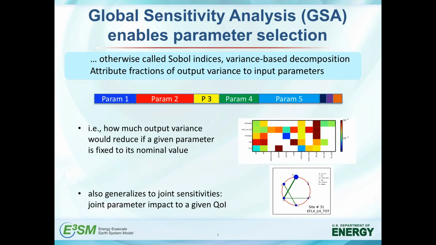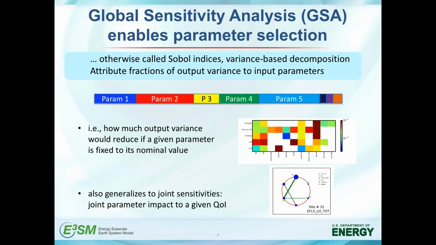So what can we do with this ensemble? One of the first things that we like to do in uncertainty quantification is conduct global sensitivity analysis, or GSA. That can tell us which parameters are really driving the uncertainties in model outputs, also known as Sobol indices or variance-based decomposition.